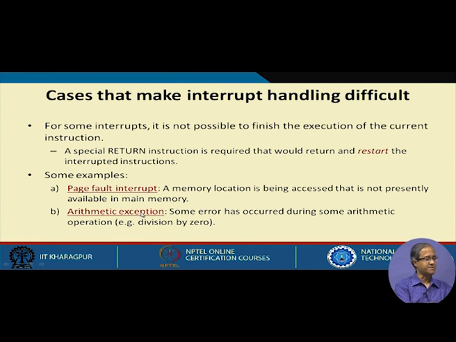Okay. And you can also think of arithmetic exceptions like division by 0, square root of a negative number. So, in such cases you are not able to finish the instruction. So, interrupt handling has to start before the completion of the instruction. So, such cases can make interrupt handling more difficult.